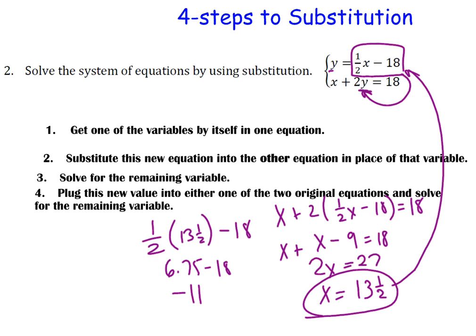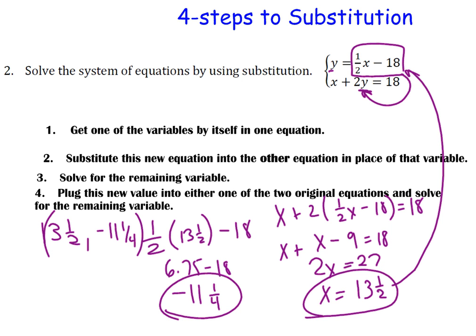So that's negative 11 and 1/4. So that is my solution: x was 13 and a half, y was negative 11 and 1/4.